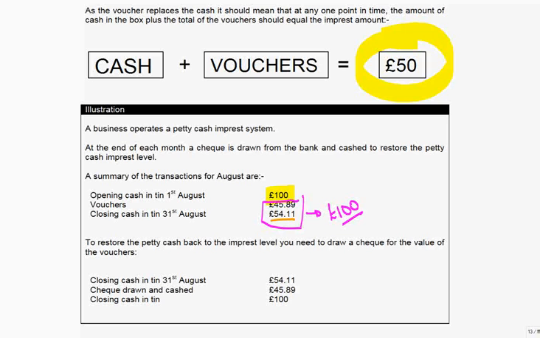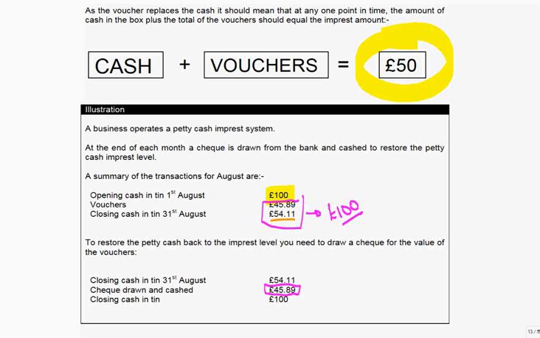So we can see here what we would need to do then is write a cheque for the amount of those vouchers. Remember, the vouchers represent the money that has been spent. So if I write a cheque for £45.89 and cash it, I'll take the vouchers out of the tin and write them up in my petty cash book, which we'll see later, and replace those vouchers with £45.89.